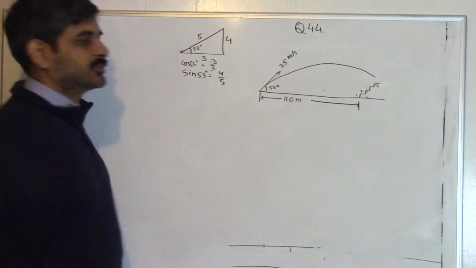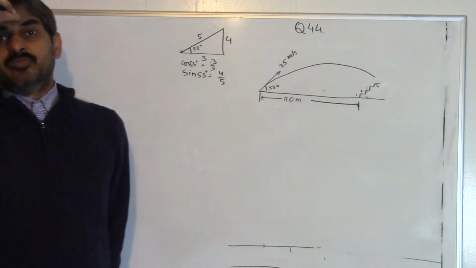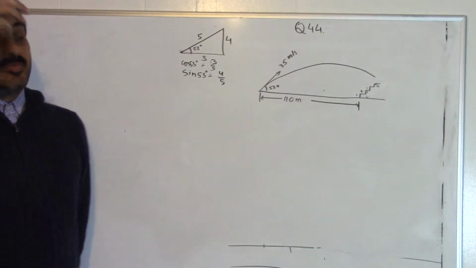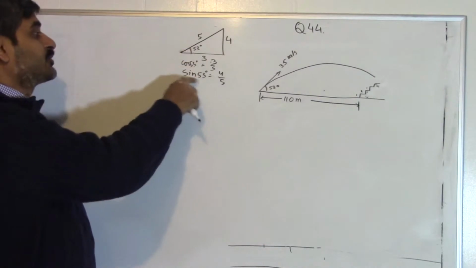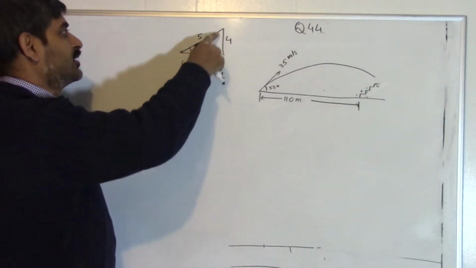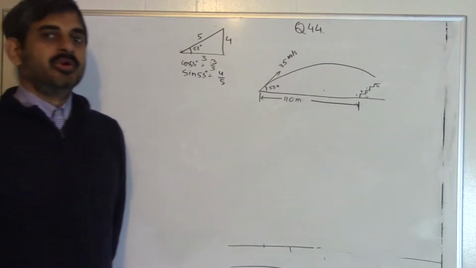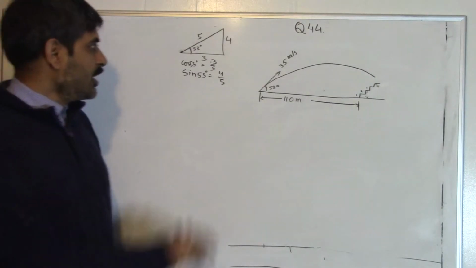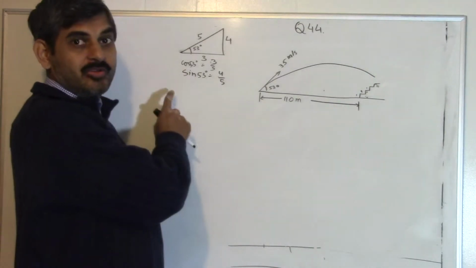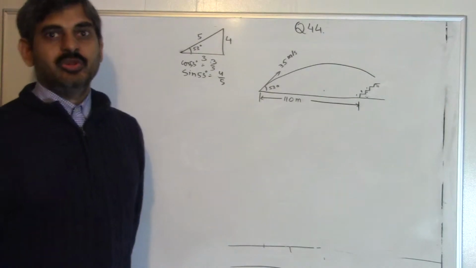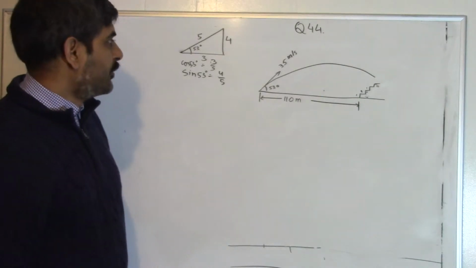If you reverse this, 3 and 4, you get the values for 37 degrees. Anyway, I have another video on this, on how to make sure you are able to memorize it.